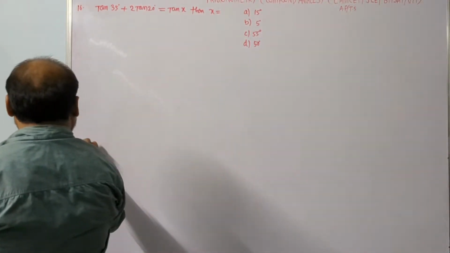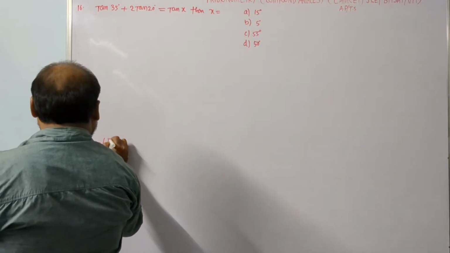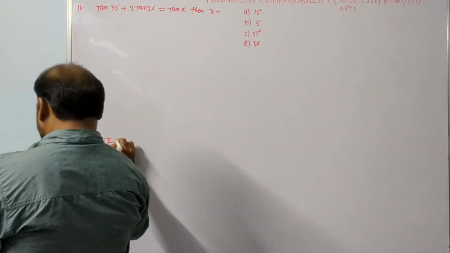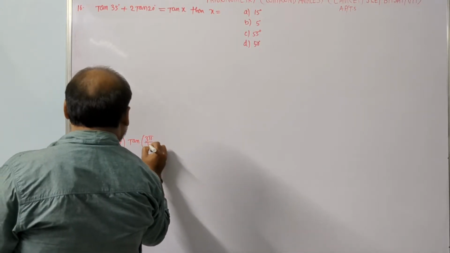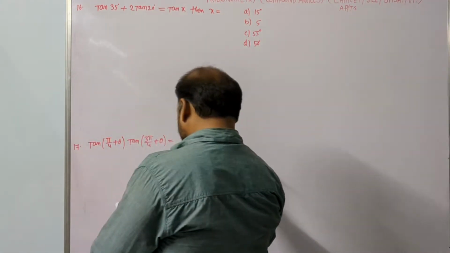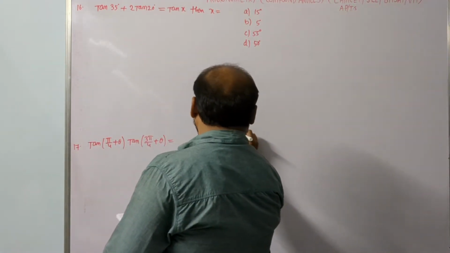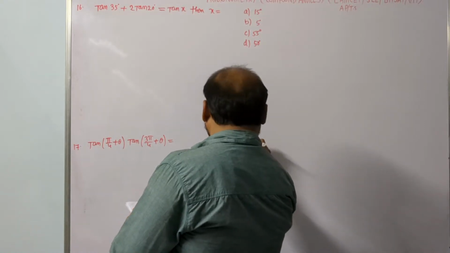Next question number 17. Tan of pi by 4 plus theta into tan of 3 pi by 4 plus theta is equal to, options 0, minus 1, 3 and 1.